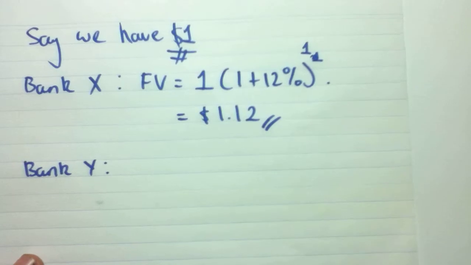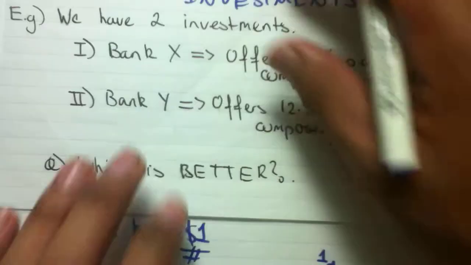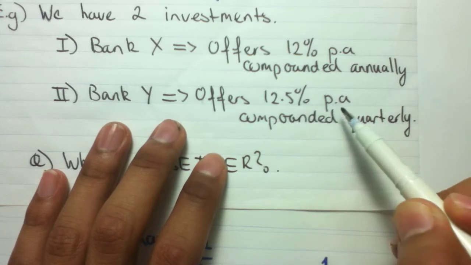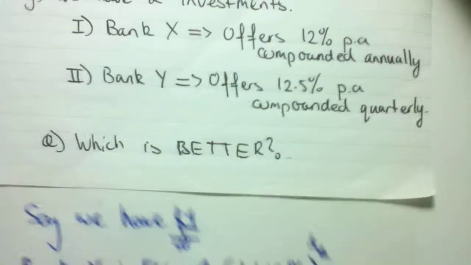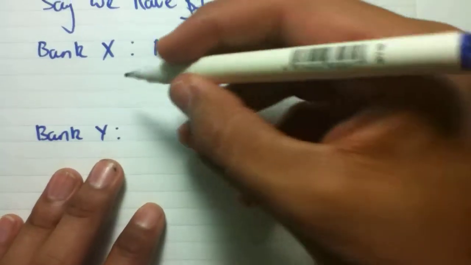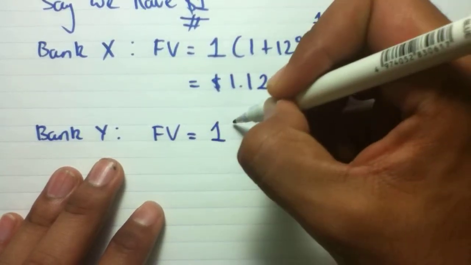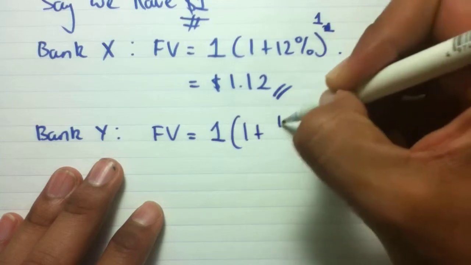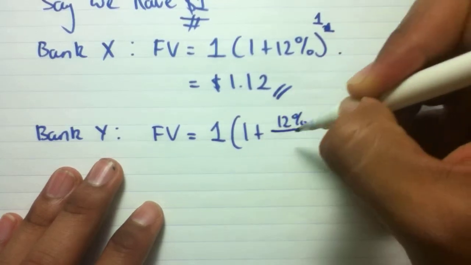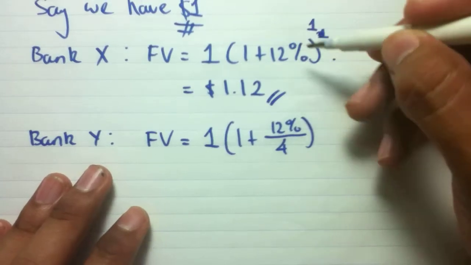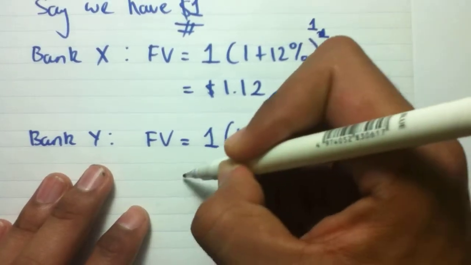What does Bank Y promise me? Well, Bank Y's conditions is you'll get 12.5% per annum compounded quarterly. Now from the last objective, you should know that the final value is going to be equal to 1 outside of 1 plus 12% divide the rate times the time. It's going to be 4 times 1, which is just 4.